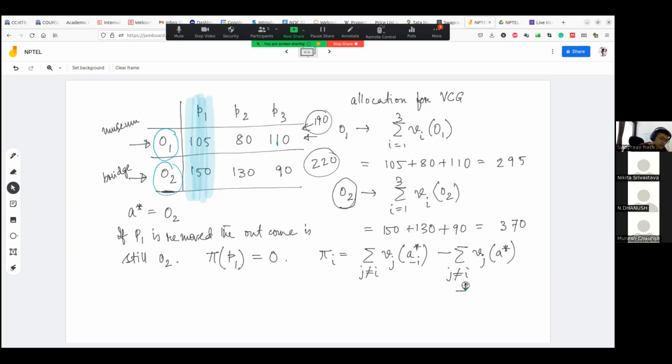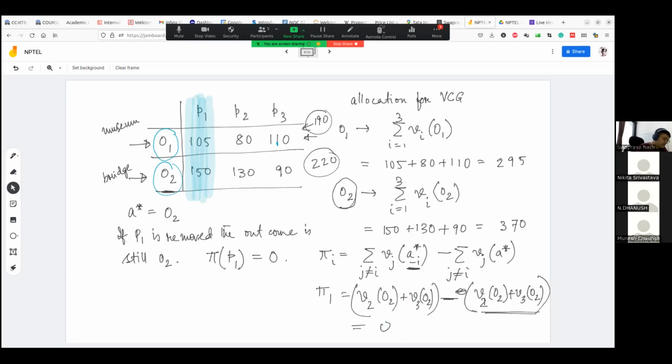So for player 1's payment, you look at V2 O2 plus V3 O2, because you are not including agent 1, minus again V2 O2 plus V3 O2, because even after removing agent 1, the outcome did not change. I don't really need to put the values, it will always be 0.